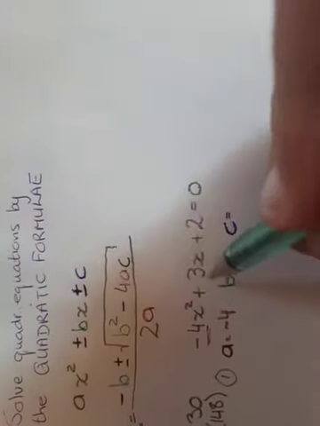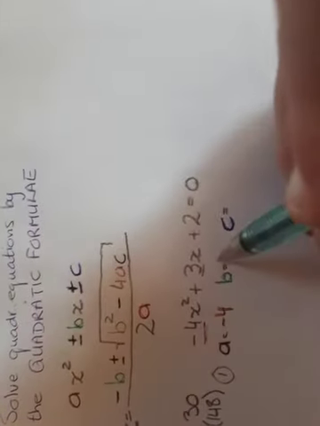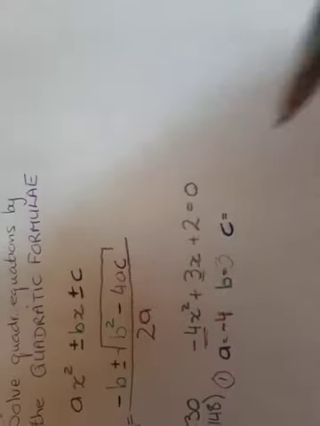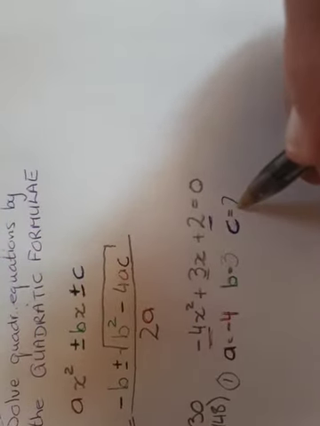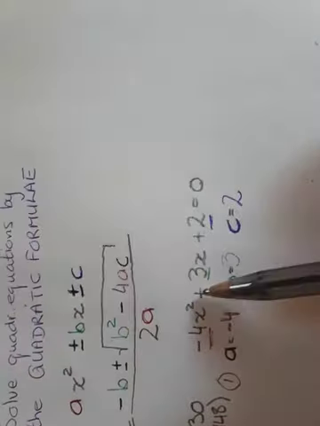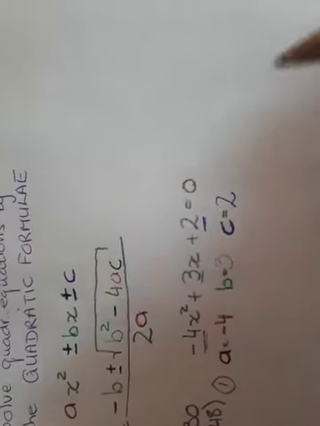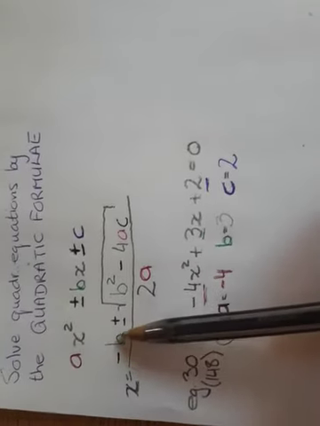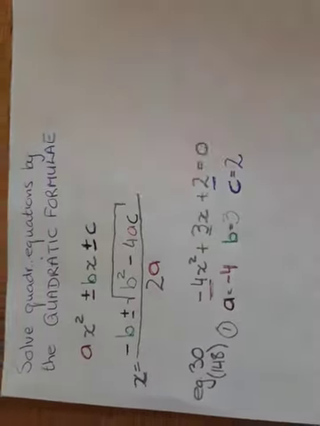Then B, going along with the x term, is 3. And C is just the number, which is 2. Both of them are positive.